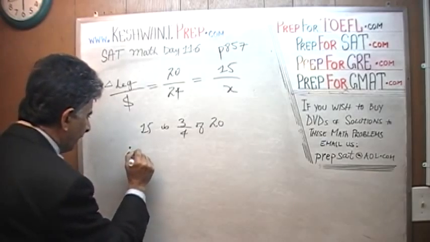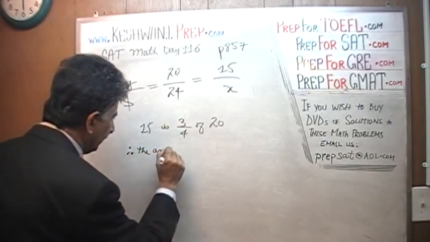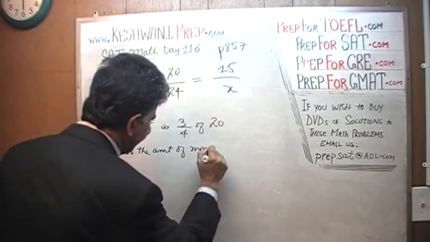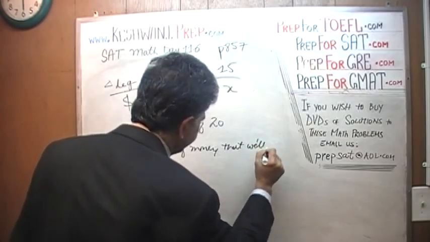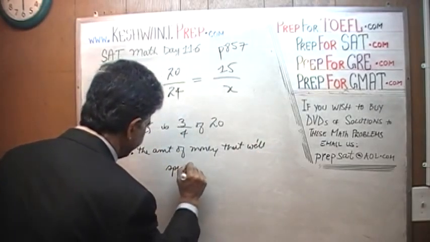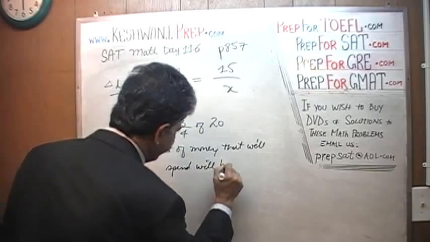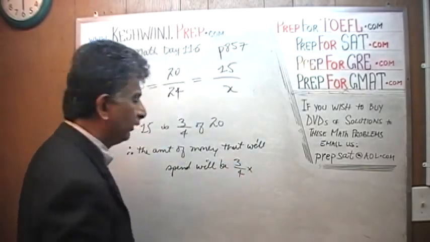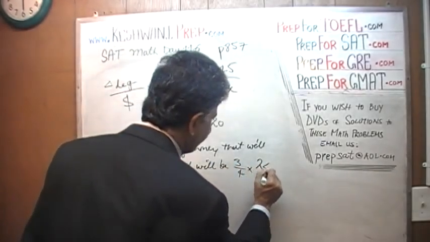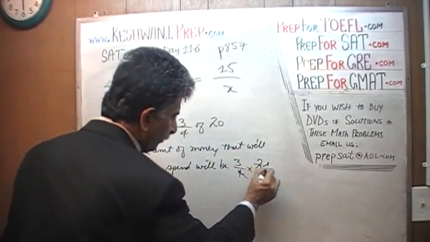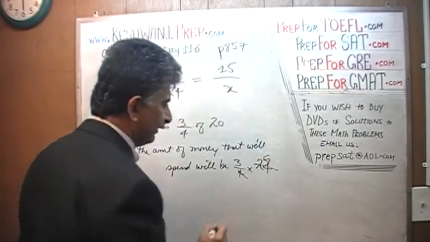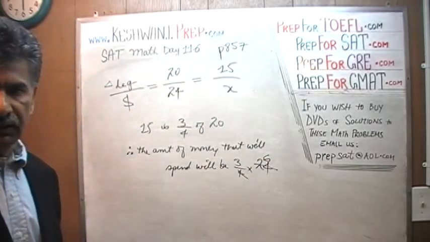Therefore, the amount of money that we will spend will be 3/4 of before. Before we were spending $24 for a change of 20 degrees. Divide top and bottom by 4. 4 goes into 24 6 times, so 6 times 3 is 18. So this is one way of doing it, $18.